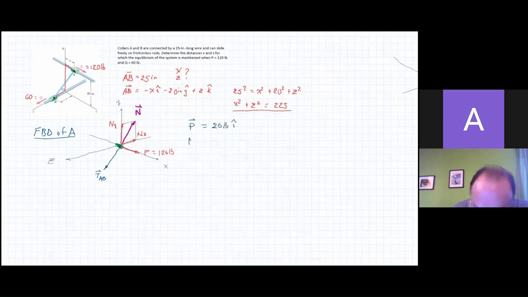Then the normal force, I already talked about it, so it has two components. There is no component in the i direction, so only Ny j in the positive direction, and Nz in the negative direction, the way I assume. So Nz k.